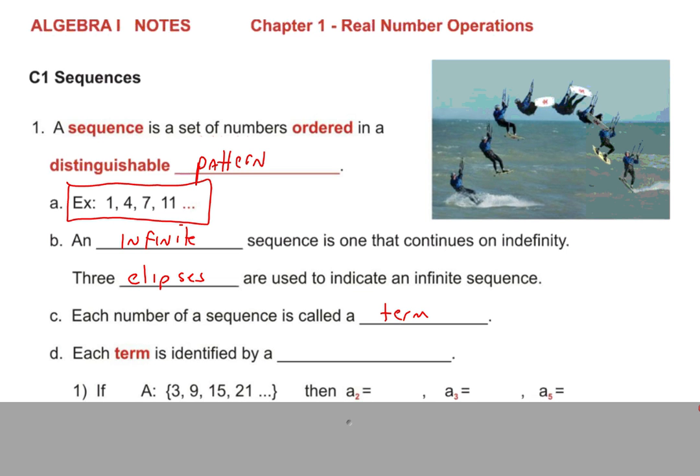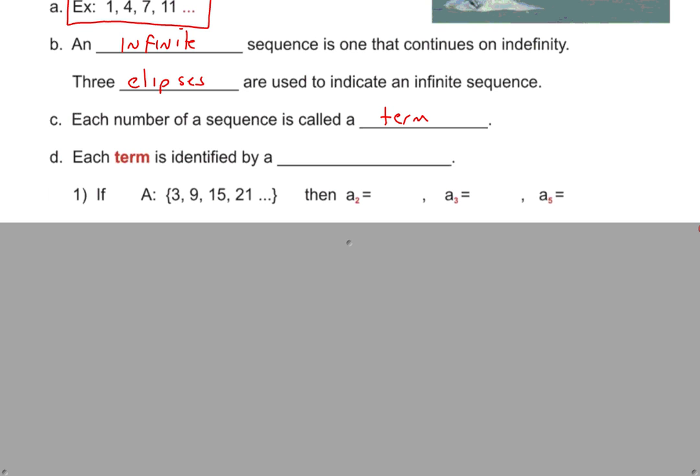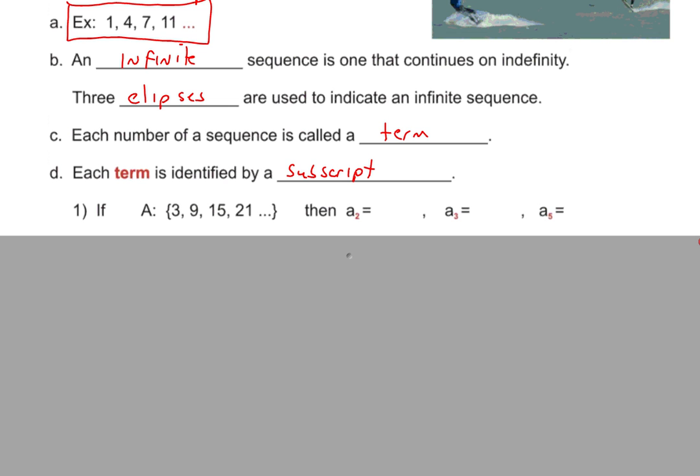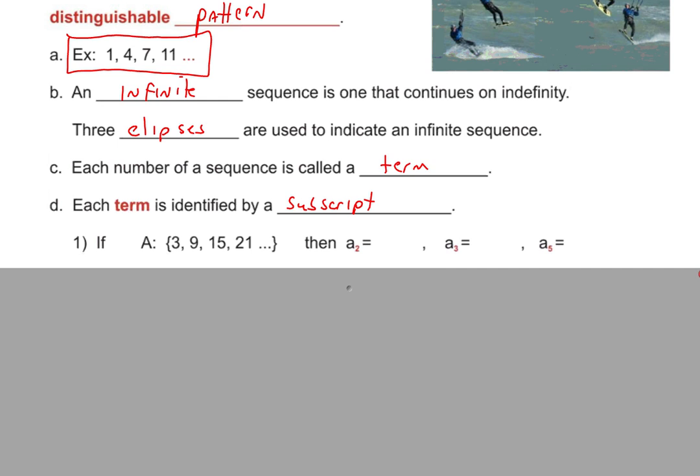Each term is identified by a, all right, so here's a notation kind of thing, by a subscript. By a subscript. Okay, so stay with me. I want to show you a couple things. You don't need to draw this in your notes. I just want to focus your attention.